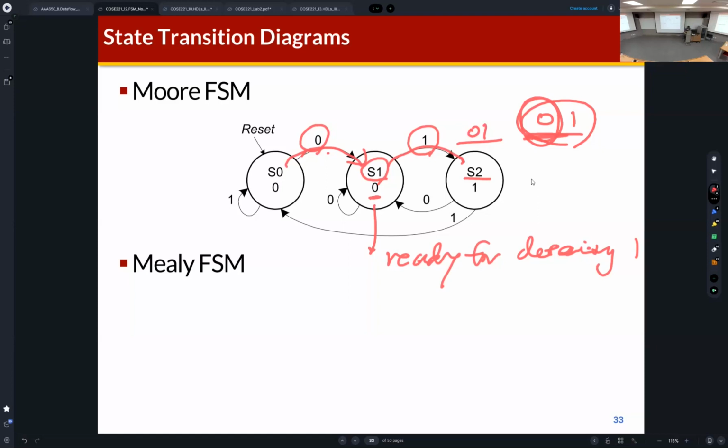Then if the next input is 0, it goes to S1. But if the input is 1, it goes to S0, because if the current input is 1, then we need to detect the 0, 1 again. Okay, so it goes to the 1.